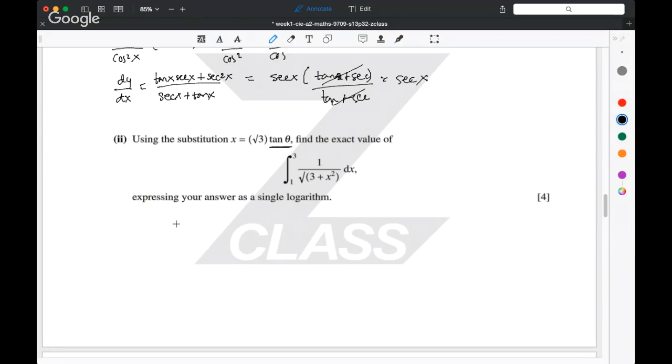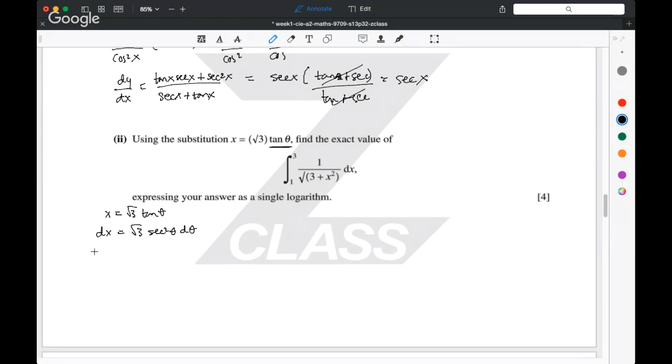So firstly, I'm going to adapt this to use theta instead of x. To do that, I know that x is square root of 3 tan theta. Therefore, dx is equal to square root of 3 sec squared theta d theta. Great.